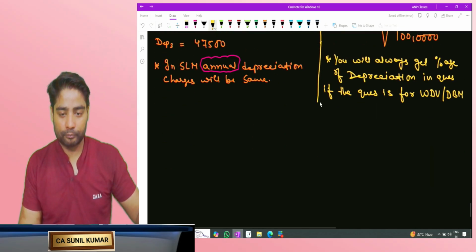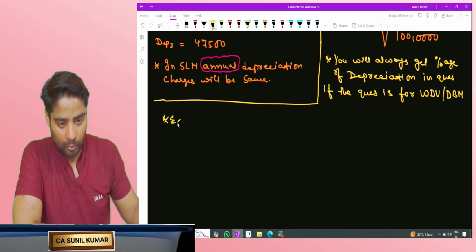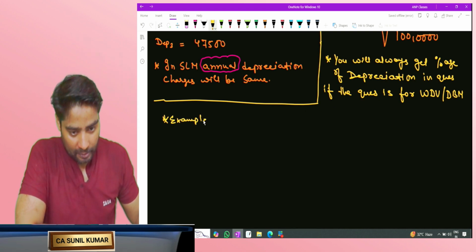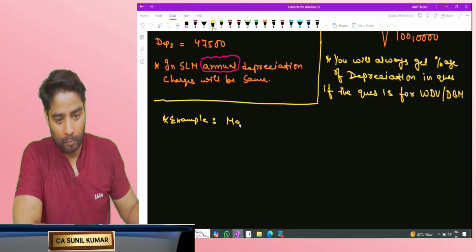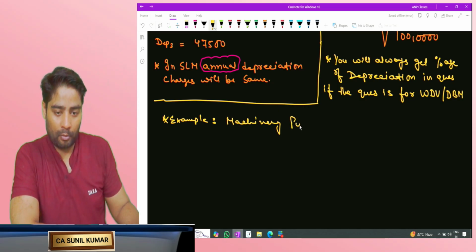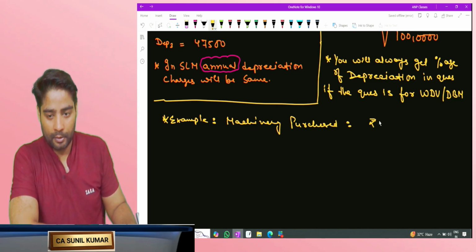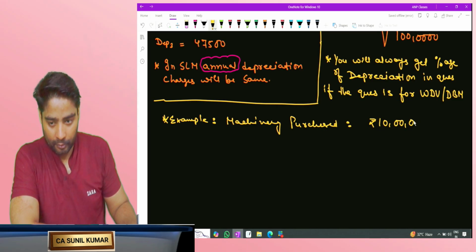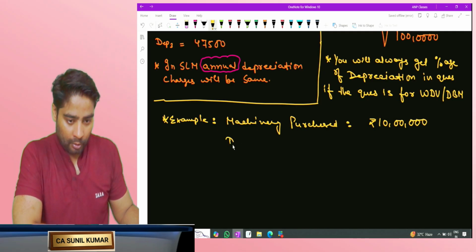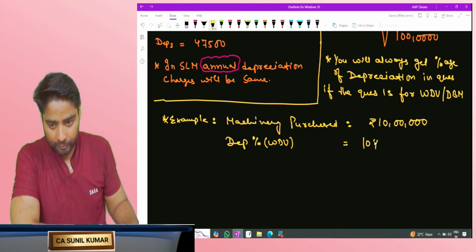For example, write down an example: machinery purchased rupees 10 lakh, depreciation percentage WDV 10%.